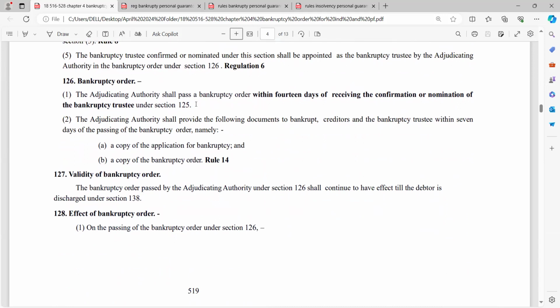So if they ask whether the bankruptcy trustee can be appointed by the adjudicating authority after the admission, no, it has to be simultaneous. The adjudicating authority shall provide the following documents to the bankrupt, creditors and the bankruptcy trustee within 7 days of passing of the bankruptcy order, namely a copy of the application for bankruptcy and a copy of the bankruptcy order.